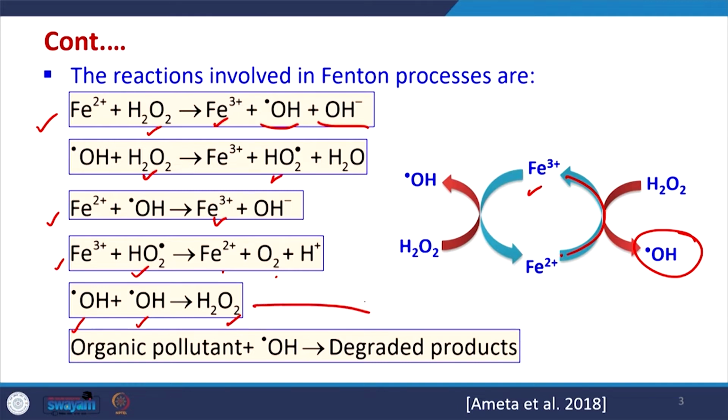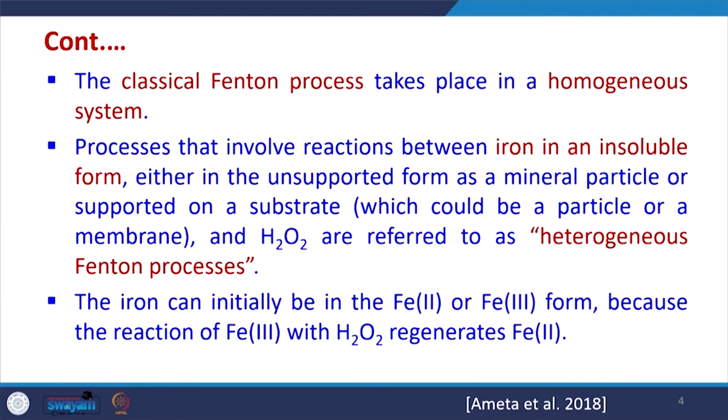In particular, this reaction we do not want to happen, because we want the hydroxyl radical to be present in the water. So, this is an undesirable reaction and we want to avoid this possibility during the treatment. The organic compounds will combine with these radicals and produce degraded products during the treatment. So, this is the basic mechanism by which the Fenton process works.